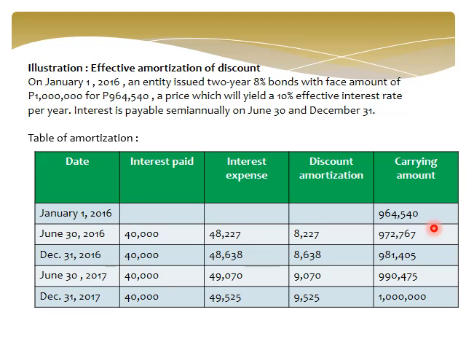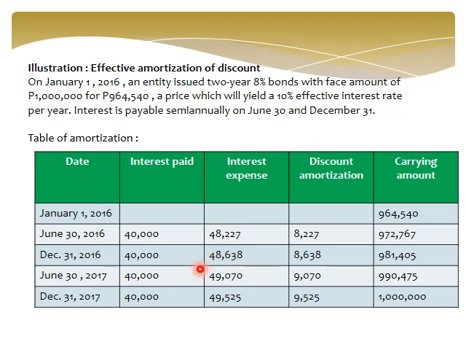Continue the process. So, 972,767 multiplied again by 5% kasi semi-annual. So, meron tayong interest expense na 48,638, the difference. So, we have discount amortization of 8,638. Add. So, we have 981,405 multiply again by the 5% semi-annual effective interest rate.